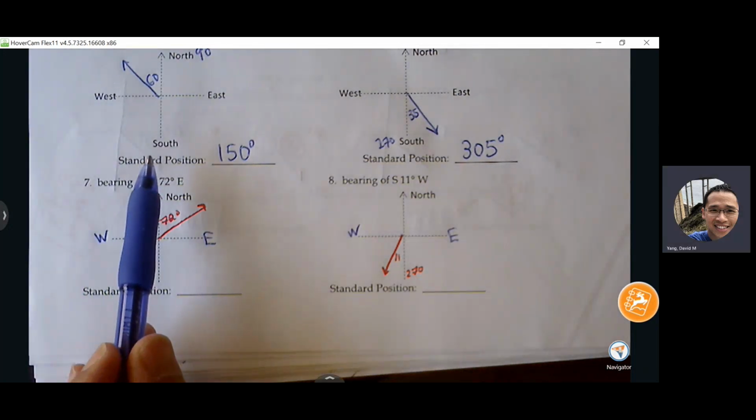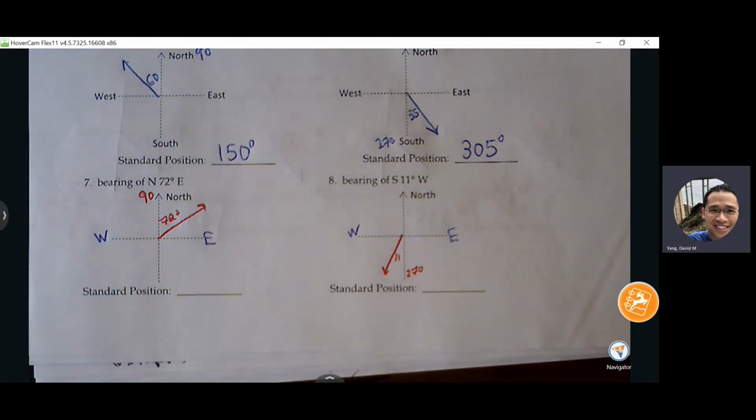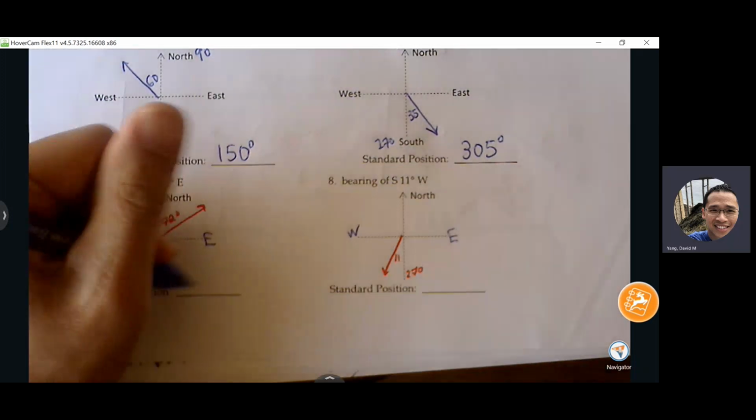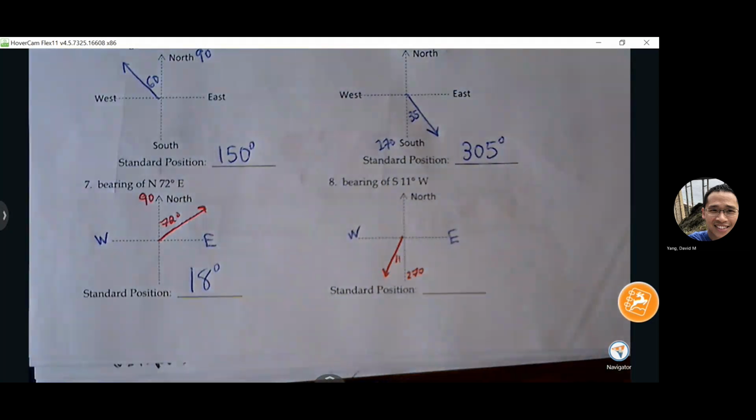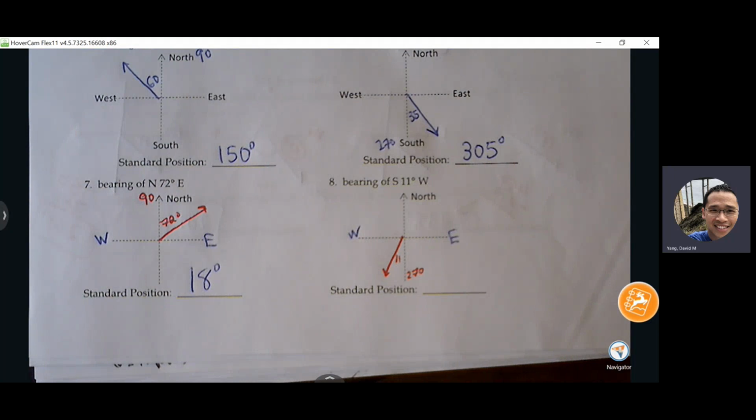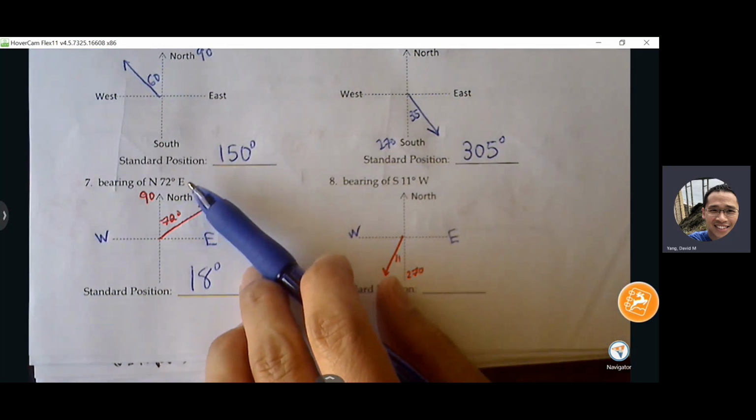So we start north and we go 72 degrees east. What's our standard position degree measure? 18, 90 minus 72. Right, so we want to go in the direction that they're telling us.